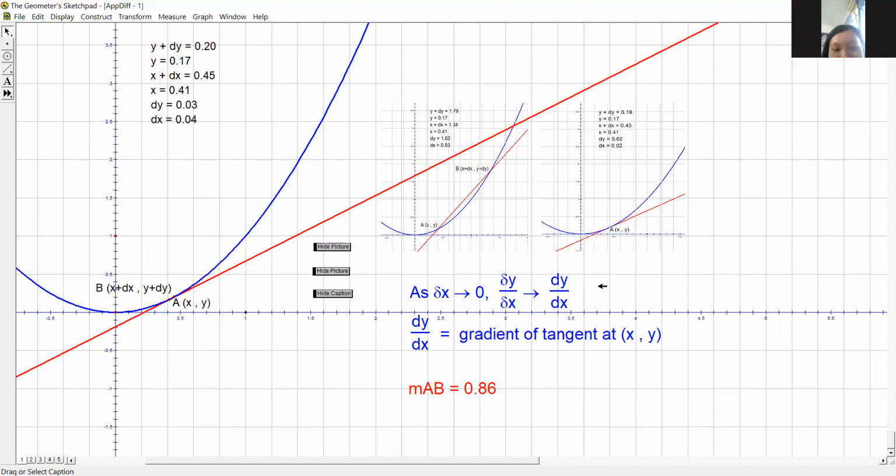That is mathematically, but physically, dy dx means the gradient of the tangent at the point x, y. In this case, it is very near and the gradient is 0.68. So we can say that the gradient of the tangent at the point A is 0.68. Okay, right. So can I move on or do you have any questions to ask?